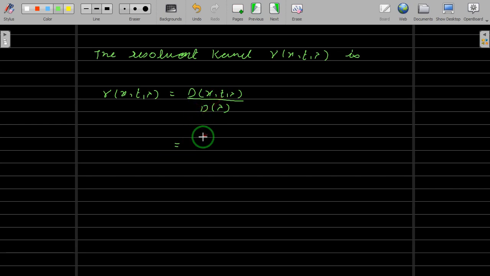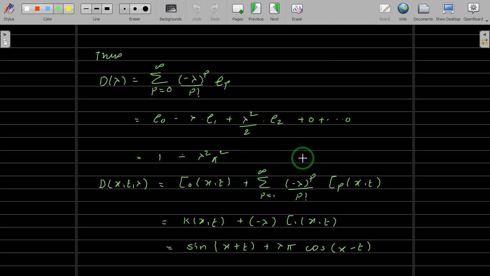So d of x, t, lambda was sine of (x plus t) plus lambda pi into cos of (x minus t), whole divided by your d lambda, and in our case our d lambda was 1 minus lambda square pi square, that was our d lambda.